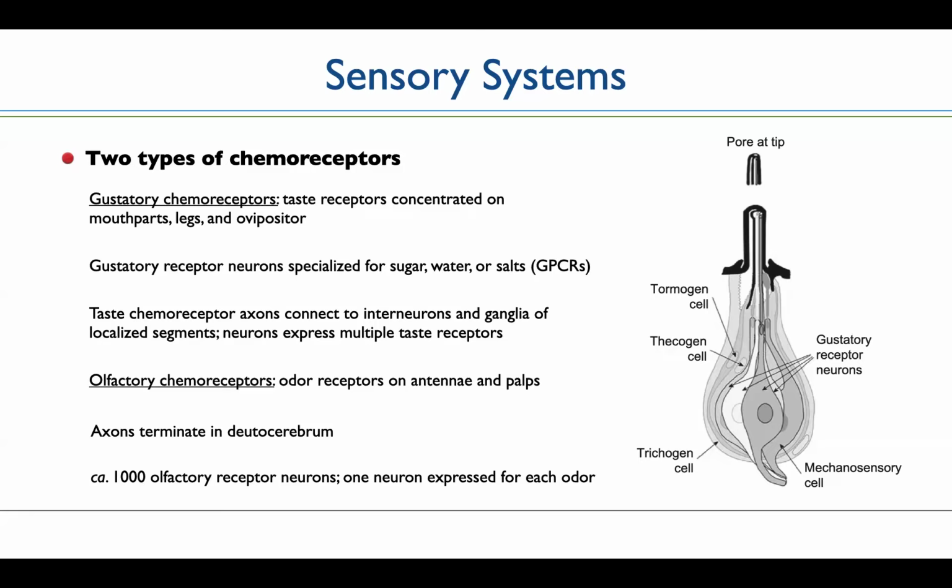Next, you have the olfactory chemoreceptors, and these tend to be odor receptors on the antennae or the palps. That's kind of older knowledge of the antennae and palps. They tend to be all over the body, okay? There's some really interesting work from a few years ago out of Yale University, where they used single cell recording. We'll talk about this in a moment.